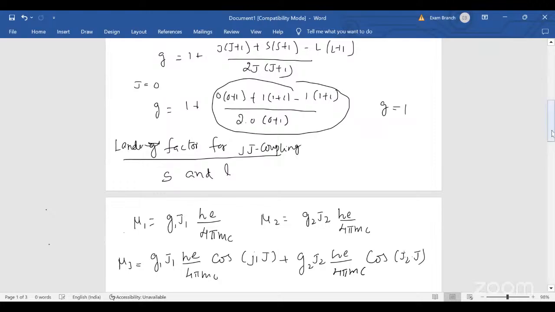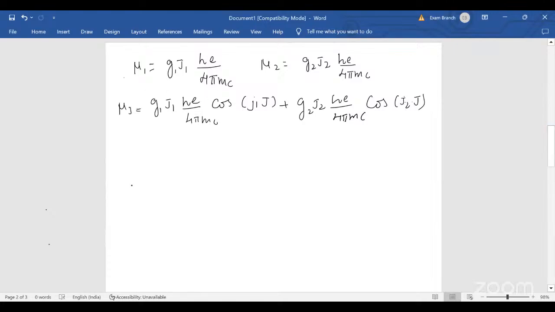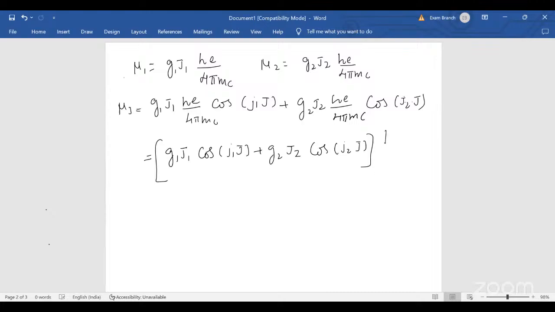By combining these two, we get g1 J1 cos(J1, J) + g2 J2 cos(J2, J), and eh/4πmc we can take outside. So this is the total magnetic moment of the atom.